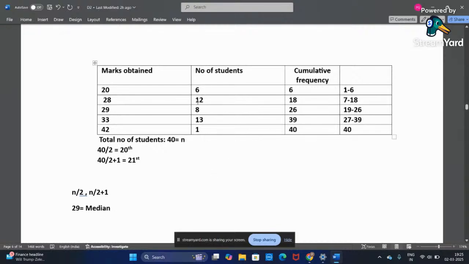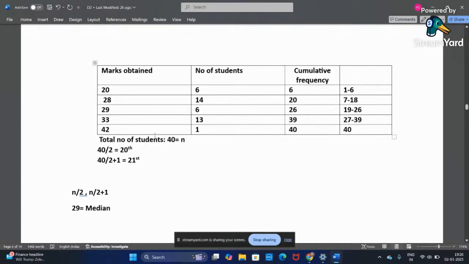In case, for example, let's take this as 14, and here let it be 6. Then here it will be 14 plus 6, it will be 20, and 20 plus 6 will be 26.